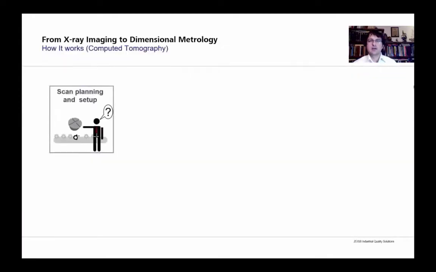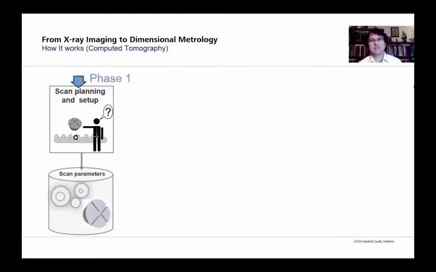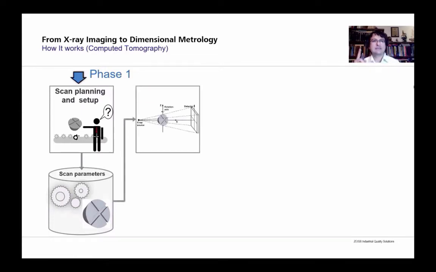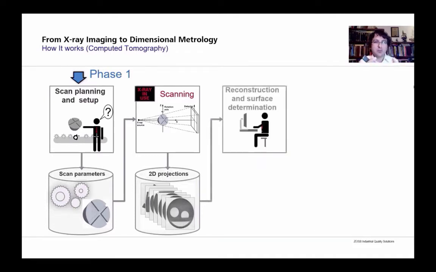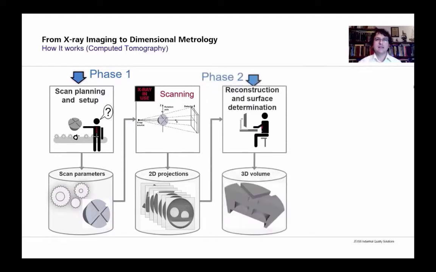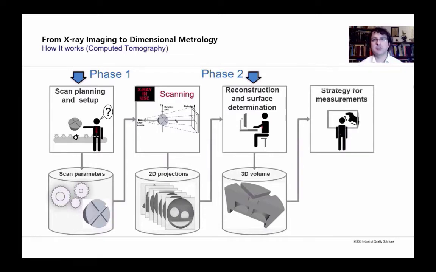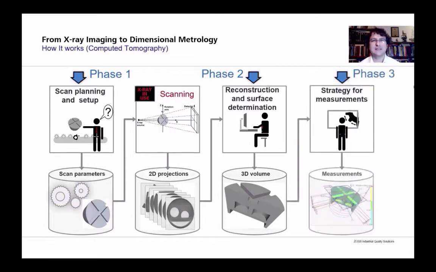In practice, for X-ray CT metrology, the measurement process is composed of basically three steps. First, an operator selects the settings of scanning for the part based on the geometry, the size, and composition. Then the CT machine rotates the part 360 degrees while taking snapshots or image projections at different angular positions.